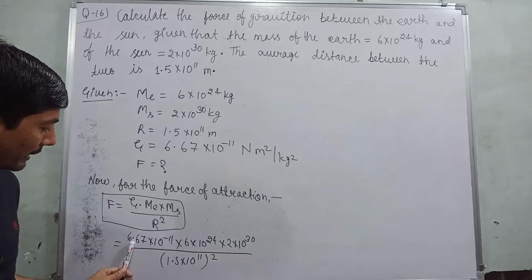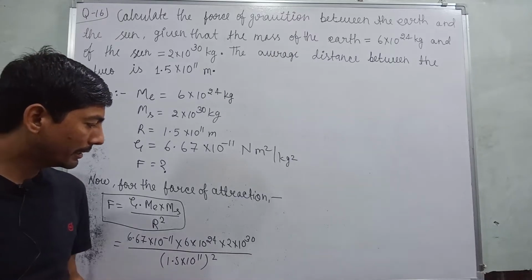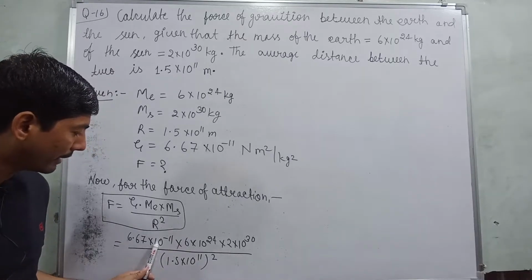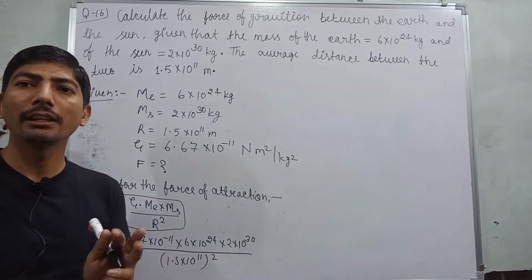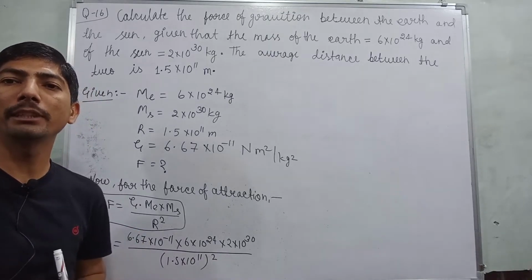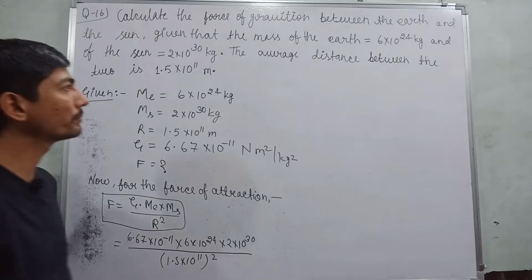Okay, we multiply the numbers together and solve the powers by using the power and exponent rules. So let's start.